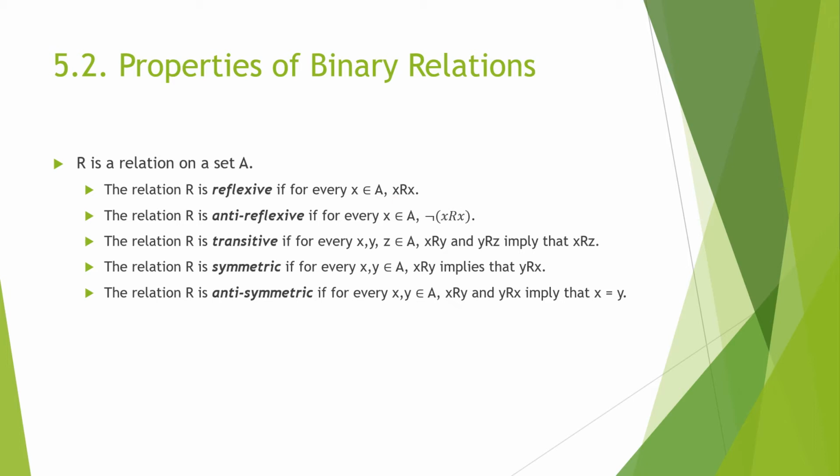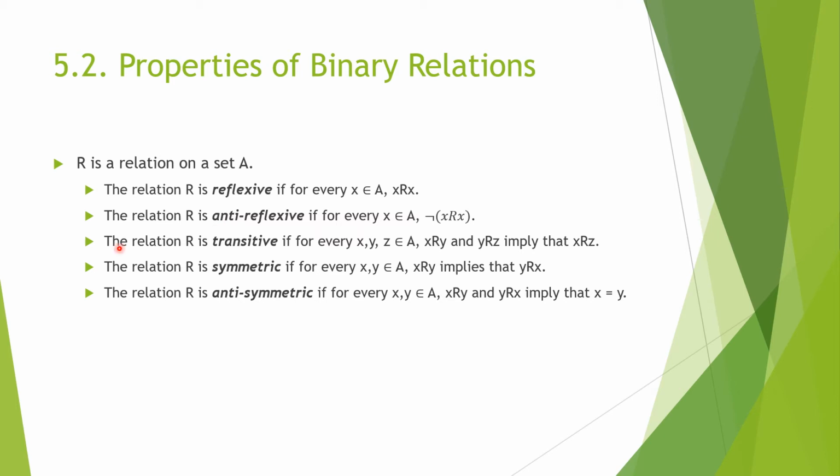So in fact, if all the elements in the domain have a self loop, it means that that relation is reflexive. A relation is called anti-reflexive if for every element X in domain A, X is not related to itself, which means that no self loop has to be found in a relation if that relation wants to be anti-reflexive.